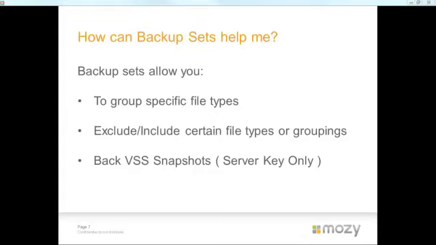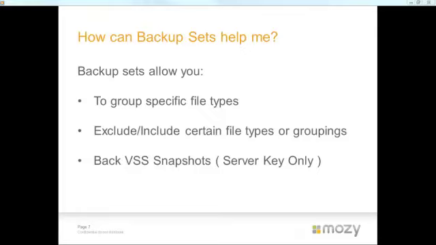What else can backup sets help you to do? They can help you to exclude and include certain file types or groupings. As I said, it can allow you to create a rule whereby you can include certain file types for yourself. It can also help you to exclude particular file types. So if you don't want to be backing up any MP3 files or maybe PDF files, for example, you can create a rule to exclude them from your backups.